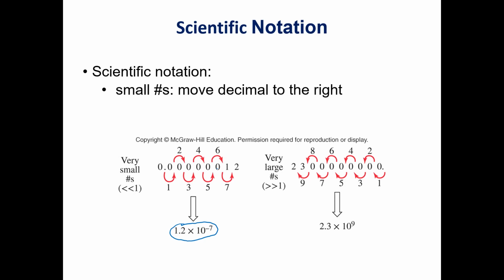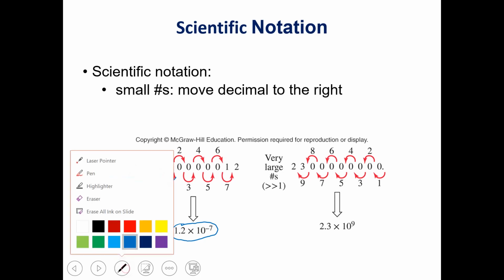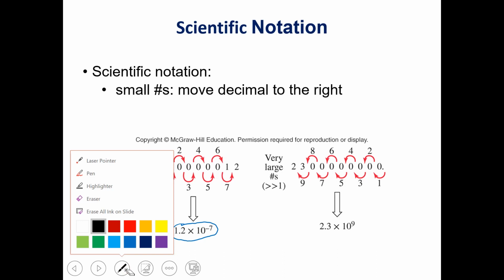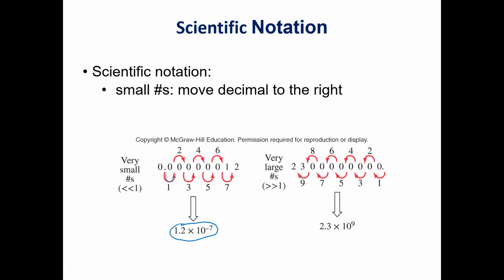So to put a small number into scientific notation, we move the decimal to the right. So in this case, we go 1, 2, 3, 4, 5, 6, 7 places, and we keep going until we have one non-zero number before the decimal.